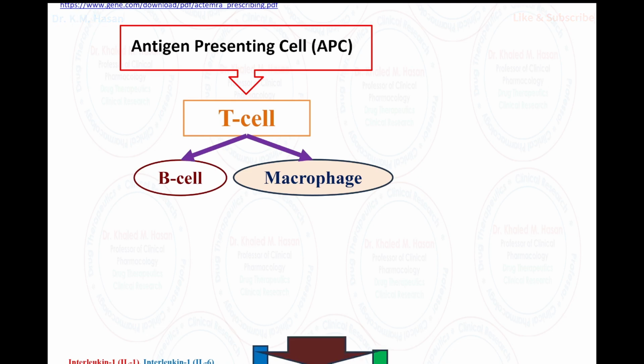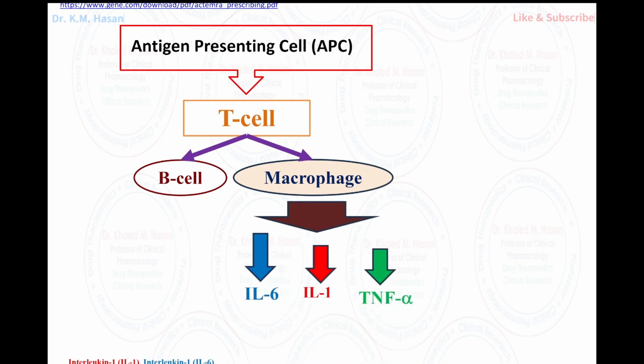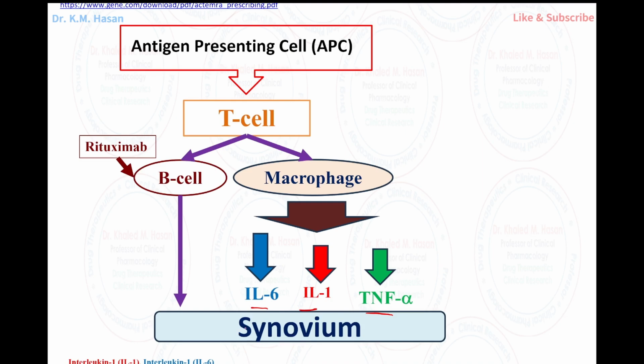And what happens there? Macrophages will produce interleukin 6, interleukin 1, tumor necrosis factor alpha. And this will cause inflammation. So activation of macrophages, and we have these interleukins and tumor necrosis factor, and B cells. All these lead to the inflammation of the synovium. Activation of the synovium, inflammation here. We have inflammation now.